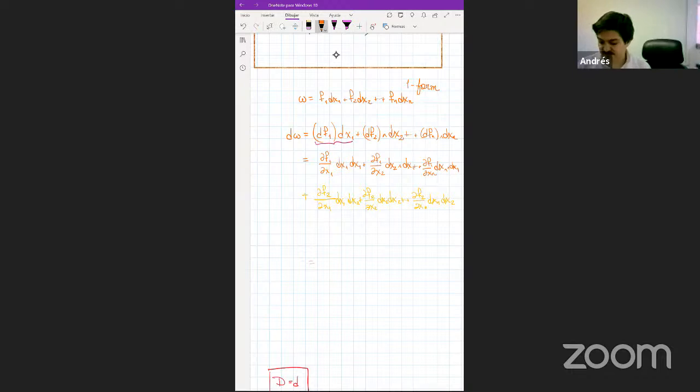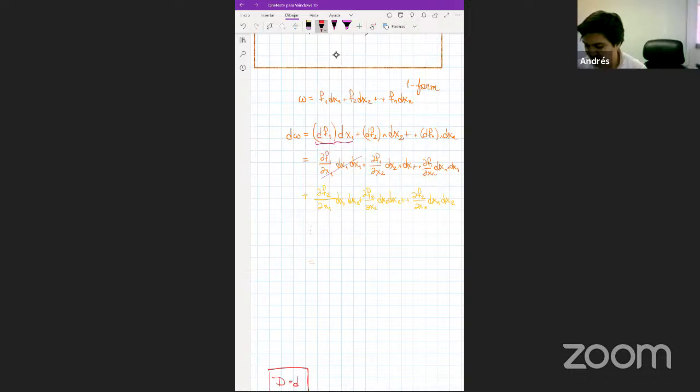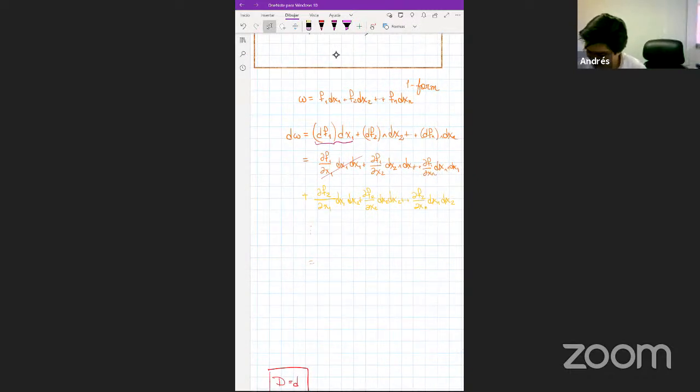And so on. Now, many of the terms are going to cancel. Like this one here cancels, right? Because you have x1 wedge product dx1. And also this one here. dx2 wedge dx2, and so on.